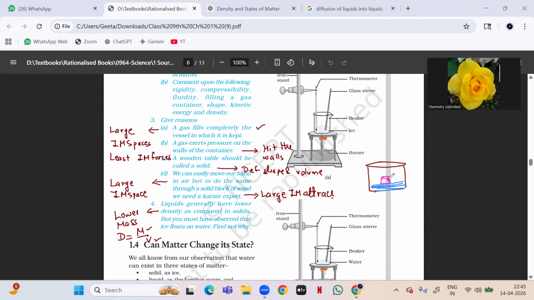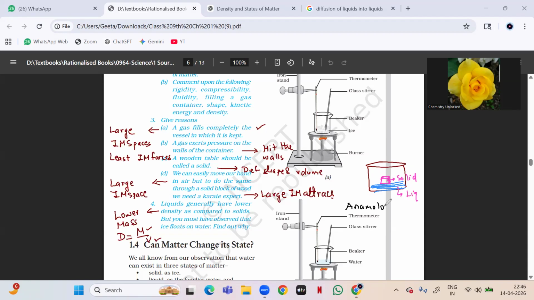Although ice is a solid and water is a liquid, why does the ice crystal float on the surface of the water? Children, please remember there's something called anomalous expansion of water.